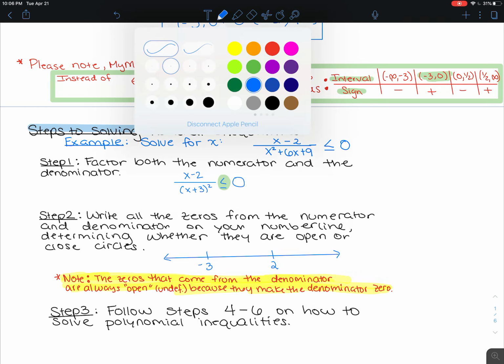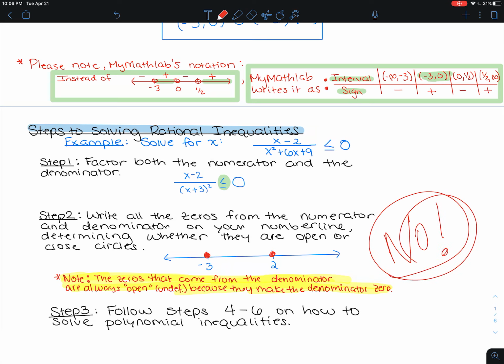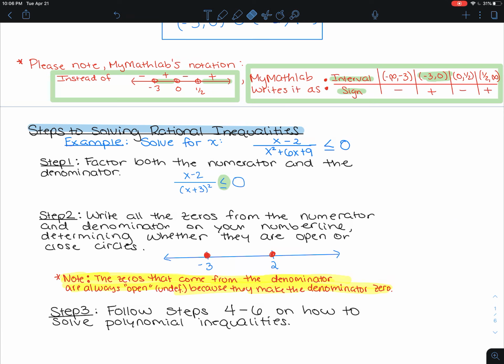That I place closed circles here because it says less than or equal to 0? No, that does not mean that. You're probably thinking, what? Didn't she just tell me in part 1 that if I have less than or equal to 0, then I include them? I did, but now we have a denominator.